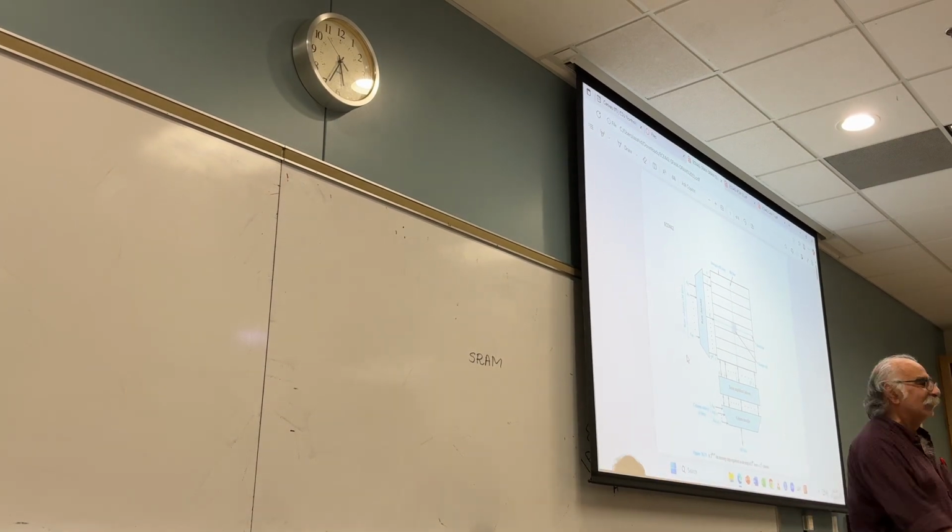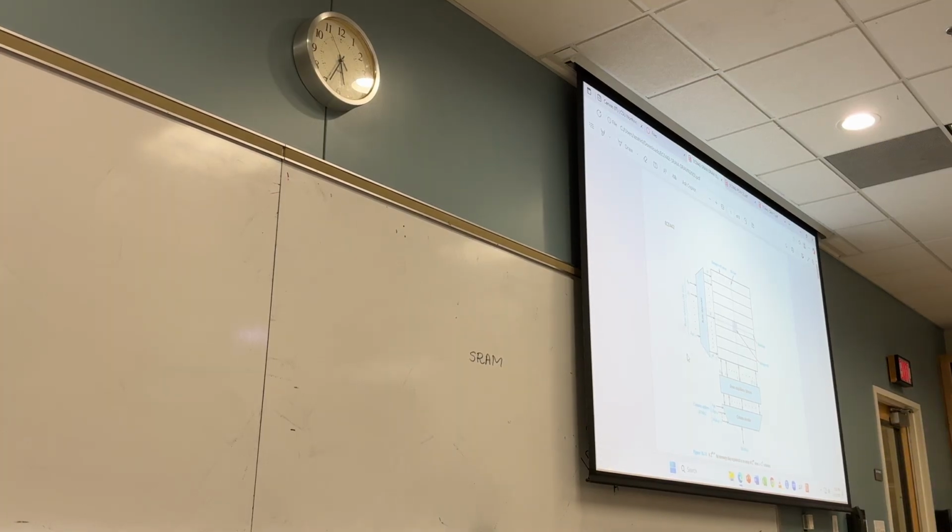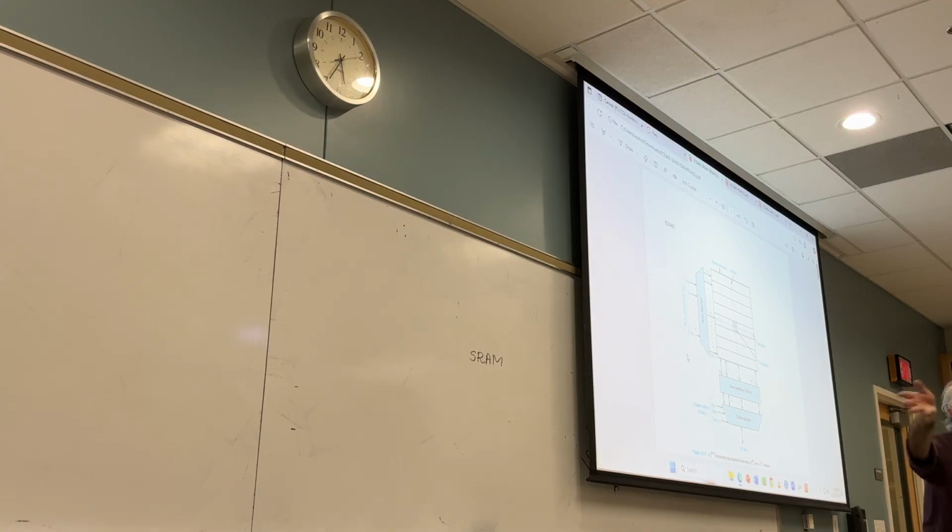Did you get it? A cell can store how many bits? One. So we have an array of these cells distributed in a matrix form, rows and columns. The rows represent the words. The columns represent the bits that make up the word.